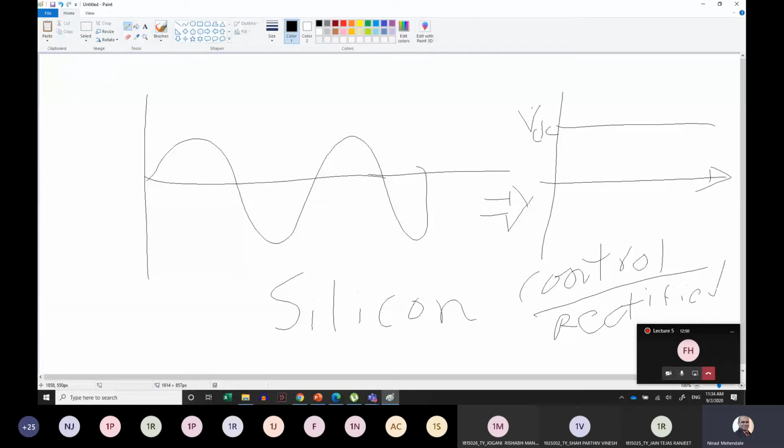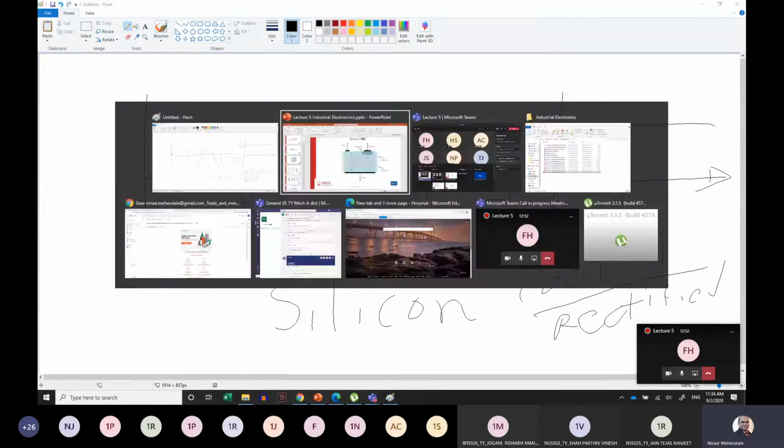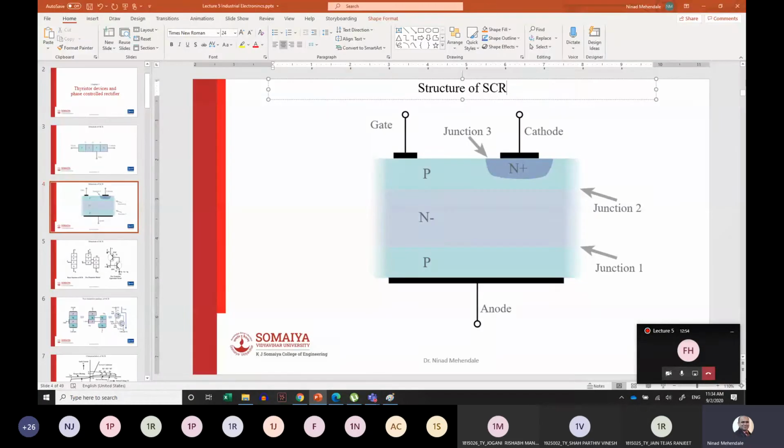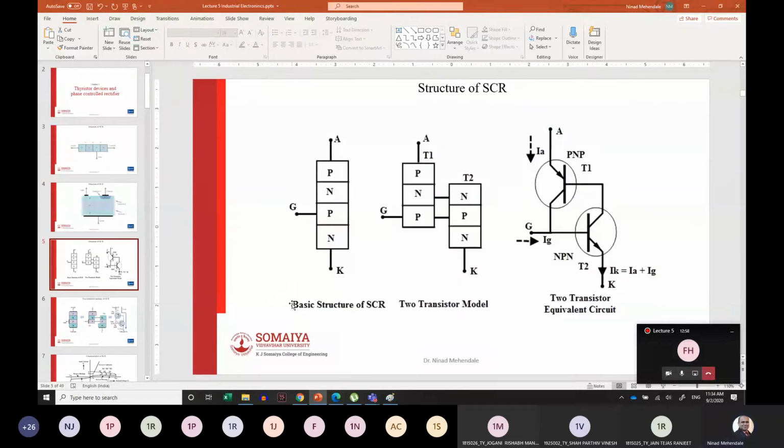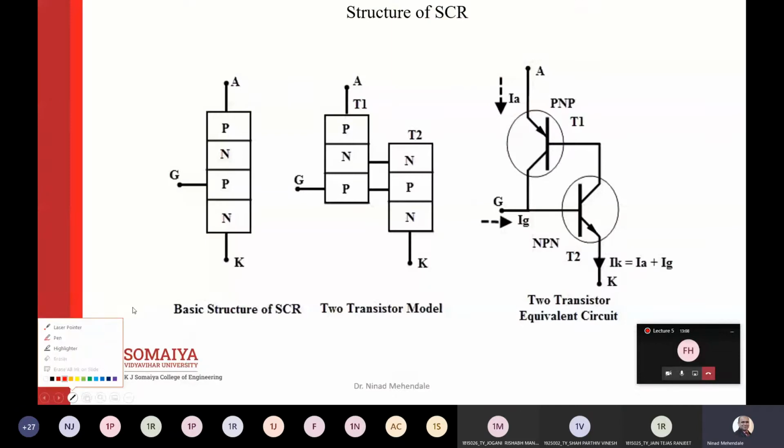But if you go on a broad side, this is the equivalent transistor analogy of the SCR. So you have firstly the PN junction. I will also take my pencil. So if you look closely, you will see there is a PNP transistor and then there is an NPN transistor.